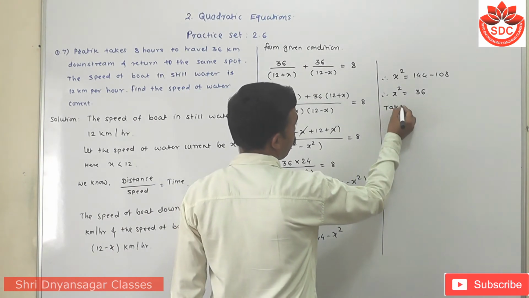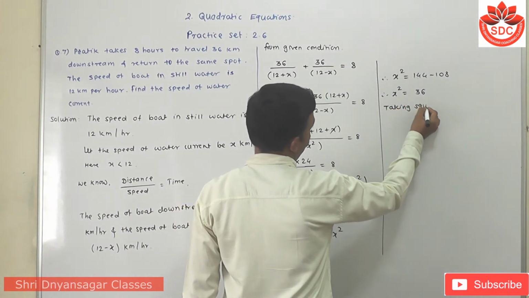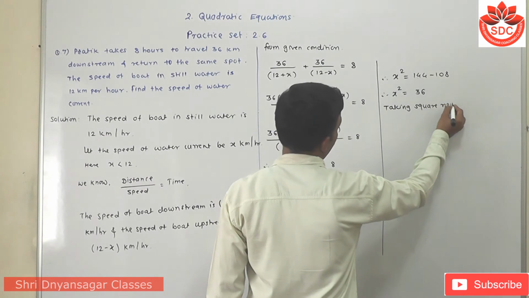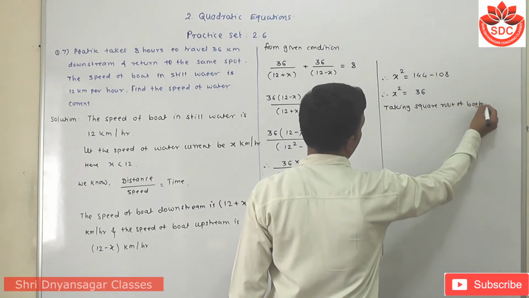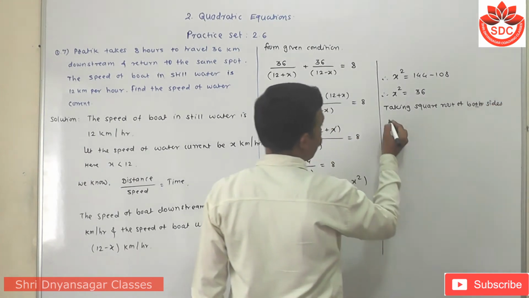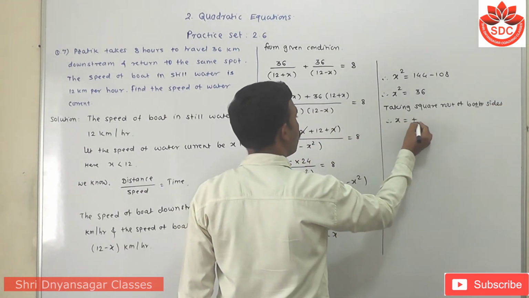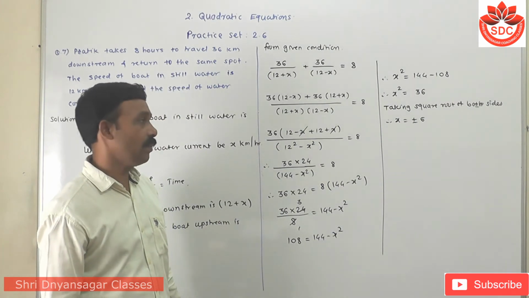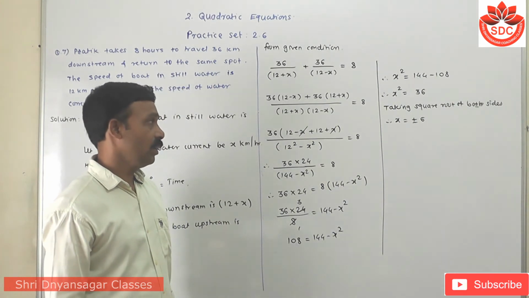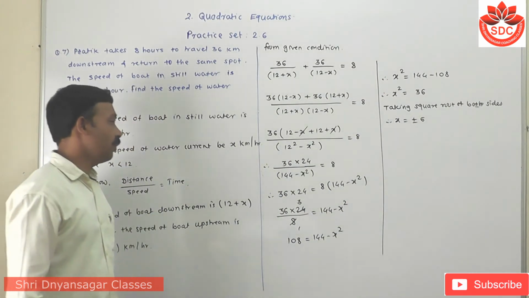Taking the square root of both sides, x is equal to plus minus 6, because plus 6 and minus 6 both have square 36. Student, here x is the river current.